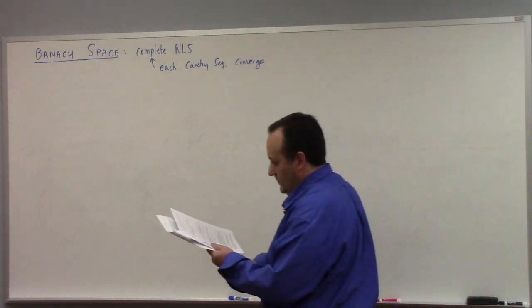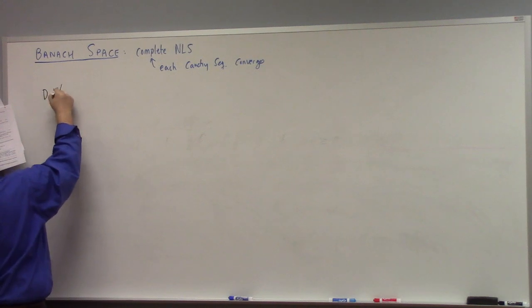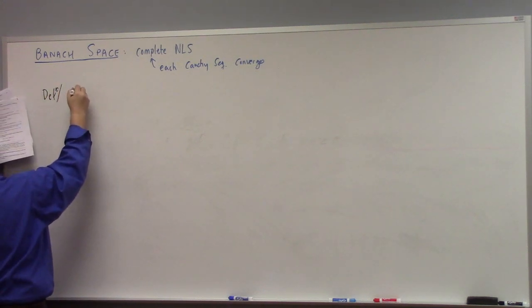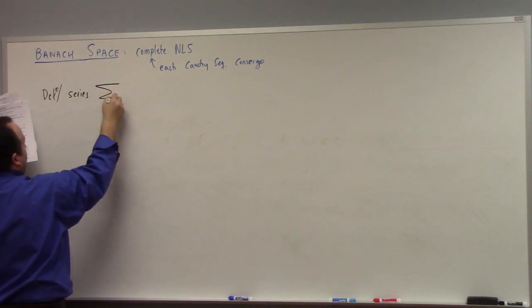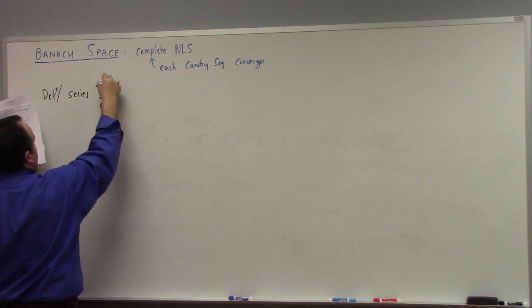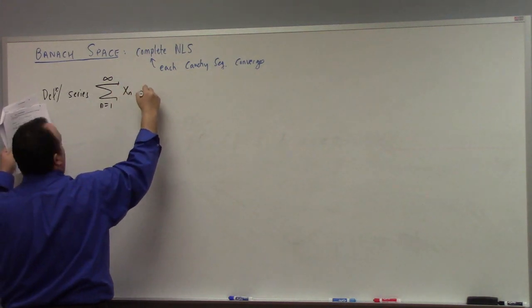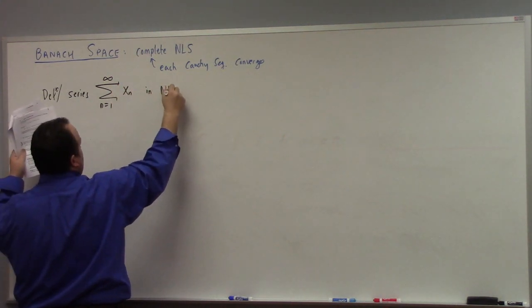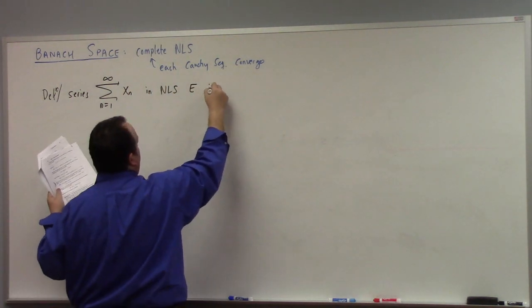So, definition: a series, the sum n equals 1 to infinity of x sub n in a normed linear space E, is convergent if what?